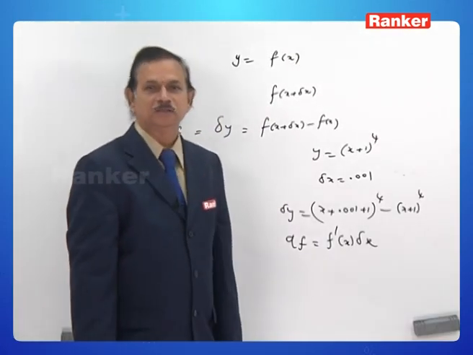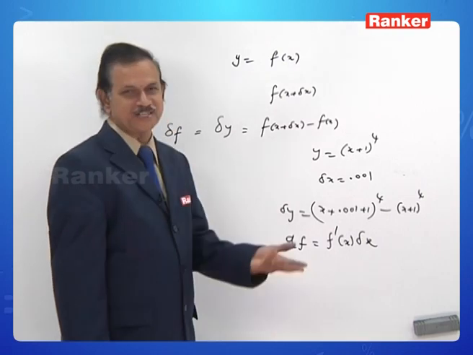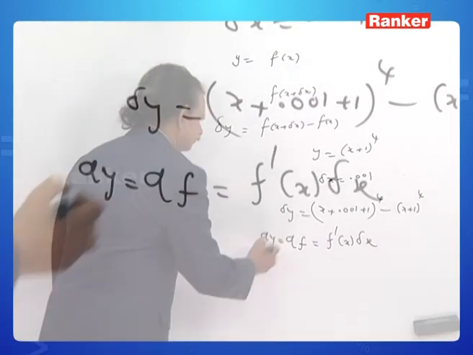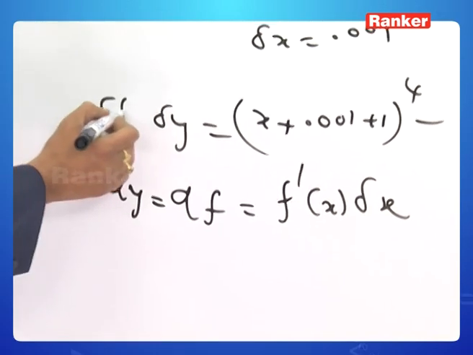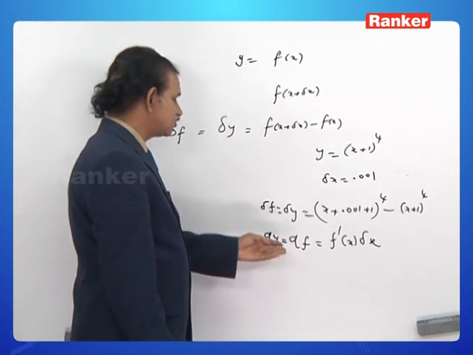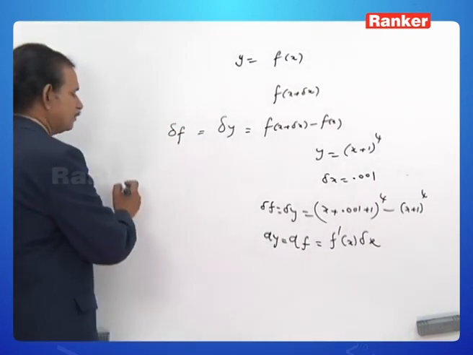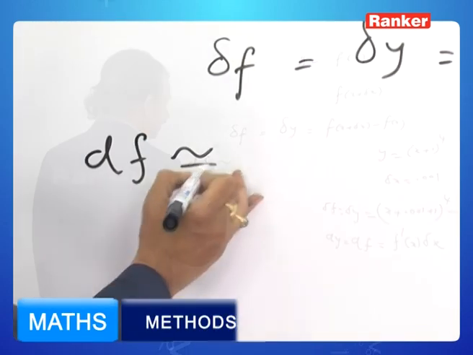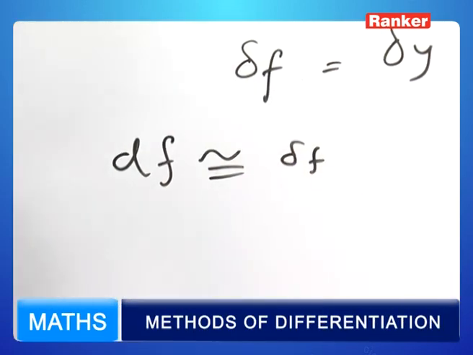What is delta y? Exact change. What is df or dy? This is f dash x into delta x. But you see, these two are almost approximately equal. Therefore, df is approximately equal to delta f.